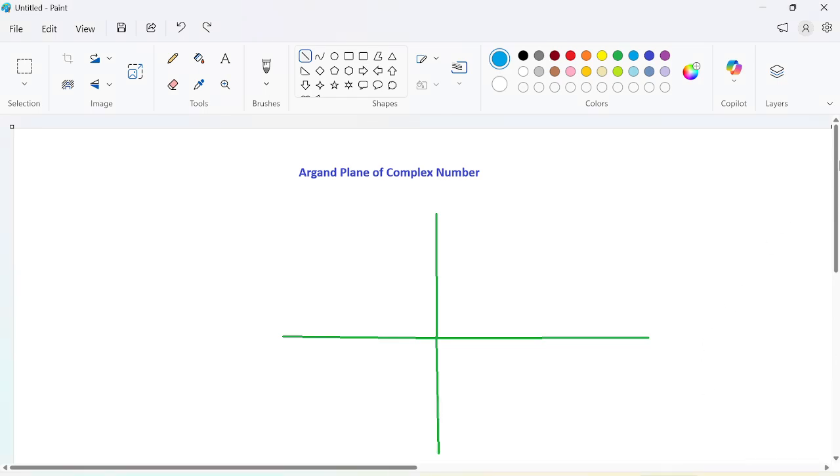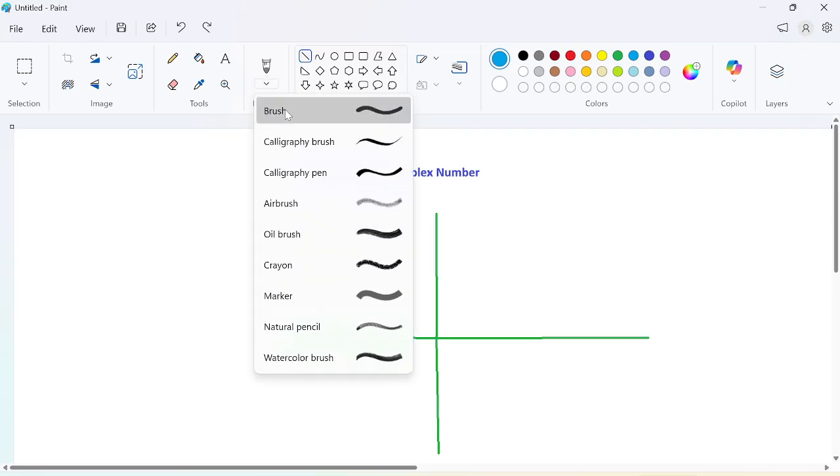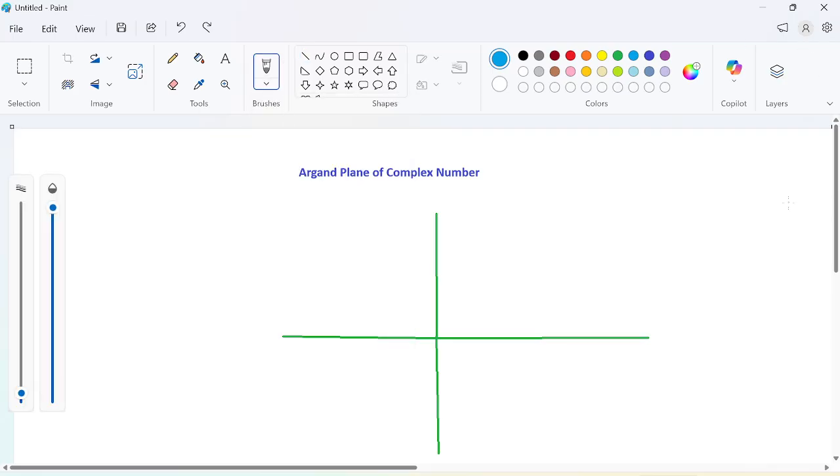Hello everyone. So now we are going to see the next concept for complex number, Argand plane. Basically, Argand plane means any complex number can be represented in the form of coordinate systems.